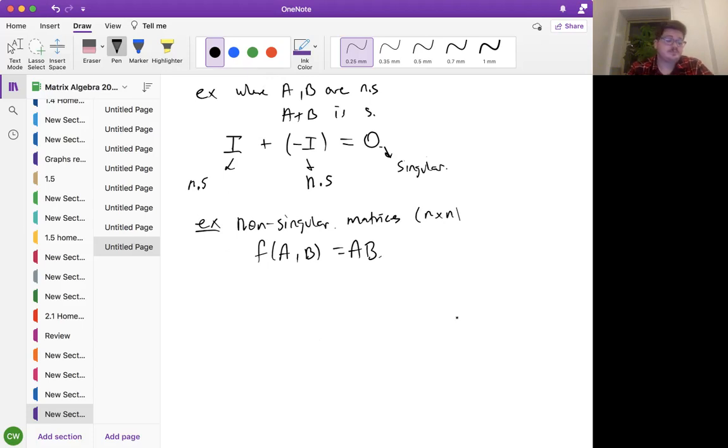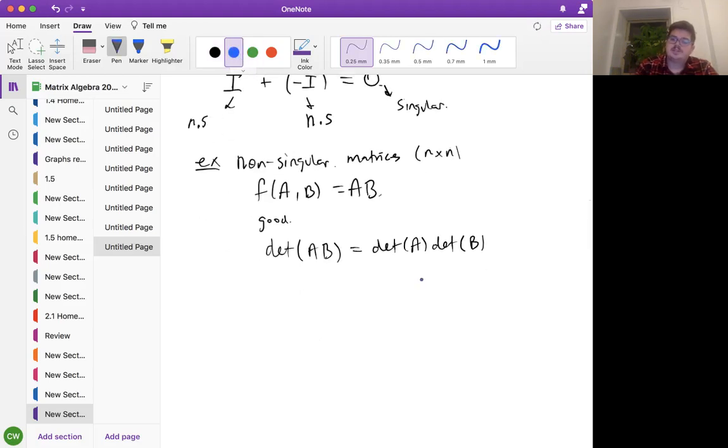What do you think? Yes or no? It is. Why is that? Because we know that the determinant of AB, so we did last time, is equal to determinant of A times determinant of B, right? If neither of these are 0, then this can't be 0. So if the determinant is not 0, then it's non-singular. Okay, questions on closed operations?